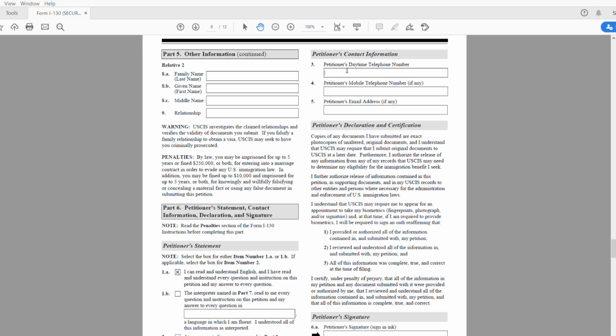Enter the petitioner's contact information here. And an email address that you can be contacted on.